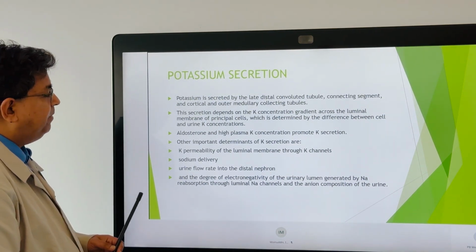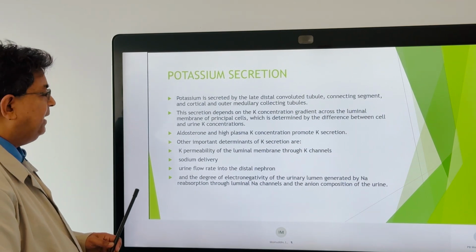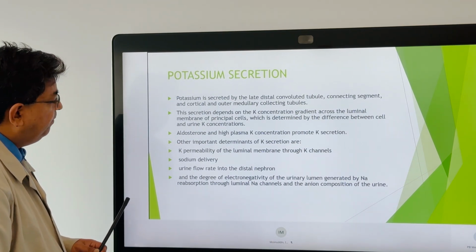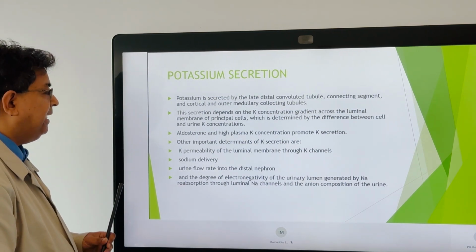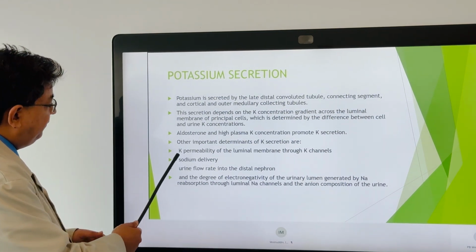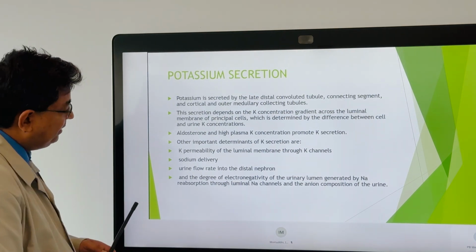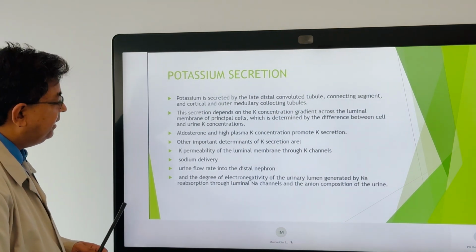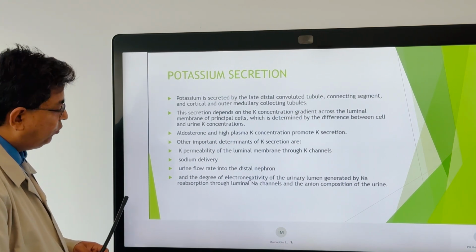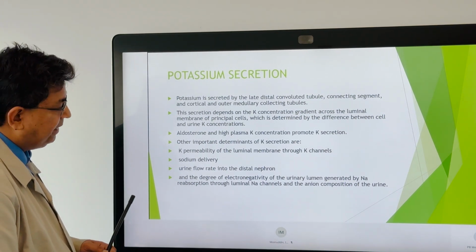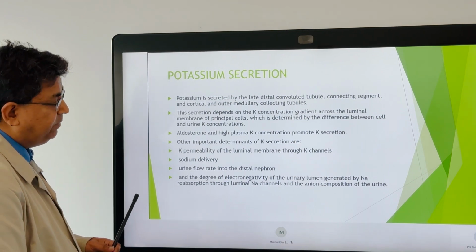Aldosterone and high plasma potassium concentration promote potassium secretion. Other important determinants are potassium permeability of the luminal membrane through potassium channels, sodium delivery, urine flow rate into the distal nephron, and the degree of electronegativity of the urinary lumen generated by sodium reabsorption through luminal sodium channels and the anion composition of the urine.